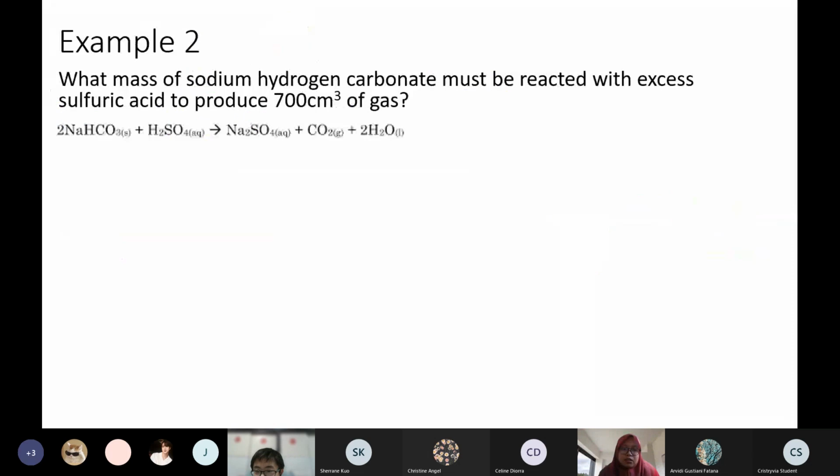Okay. Go on to the next sample question, question number 2. What mass of sodium hydrogen carbonate? This is the chemical formula, sodium hydrogen carbonate. What mass? So this question asks for mass.